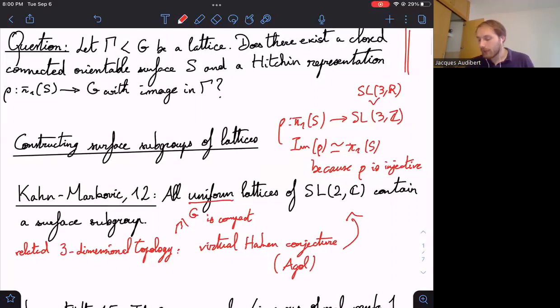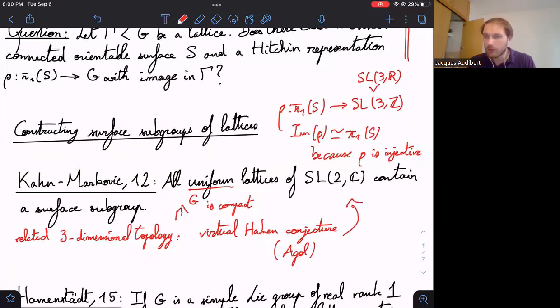So after this paper, a lot of people tried to push it further to prove the same results for other lattices, and they use the same technique. So the next two results I will be giving use the same ideas of this paper that involve geometry and dynamics: cut your surface into pairs of pants and do mixing and stuff.